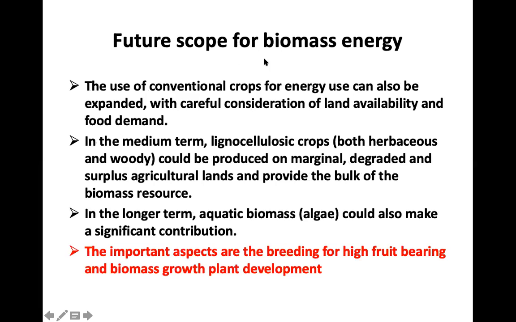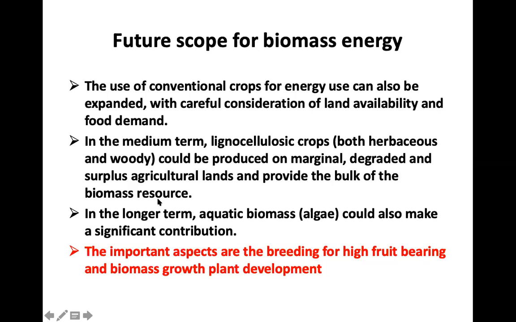So, the future scope of biomass energy: the use of conventional crops for energy can also be expanded with careful consideration of land availability and food demand. In the medium term, lignocellulosic crops, both herbaceous and woody, could be produced on marginal, degraded, and surplus agricultural land and provide the bulk of biomass resources.